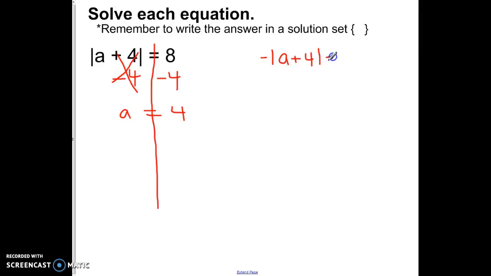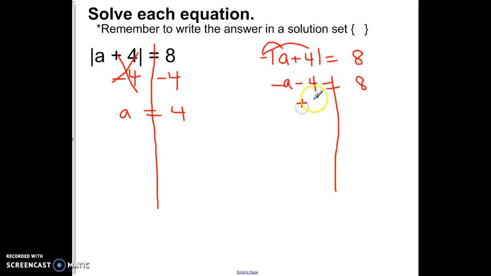So we should be writing this equation into our notebooks. And I'm going to go ahead and distribute here. So I take a negative times a, that's going to give me a negative a. And negative times 4, that's going to make it a negative 4 equals 8. And then I'm going to do the opposite again.